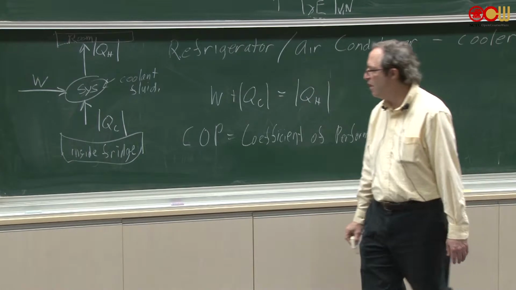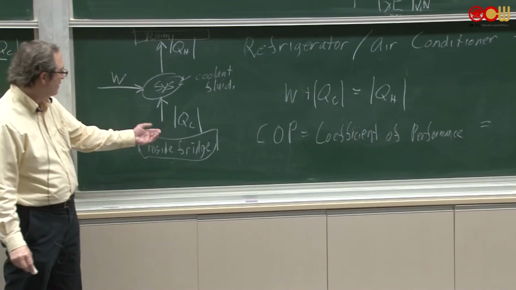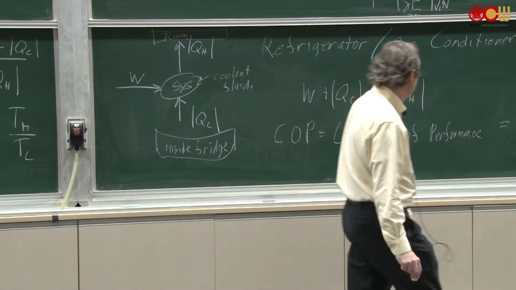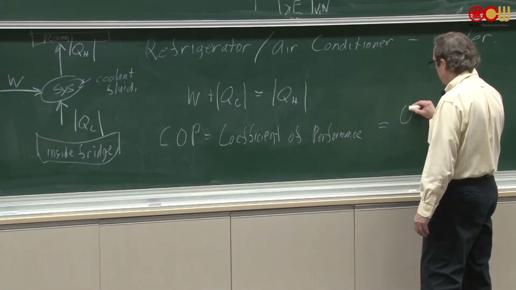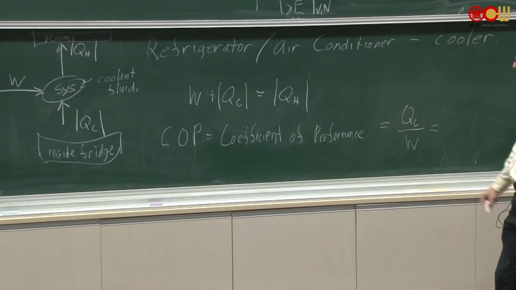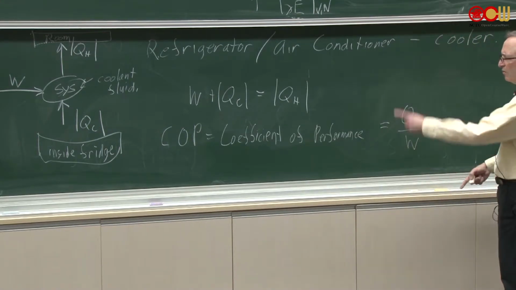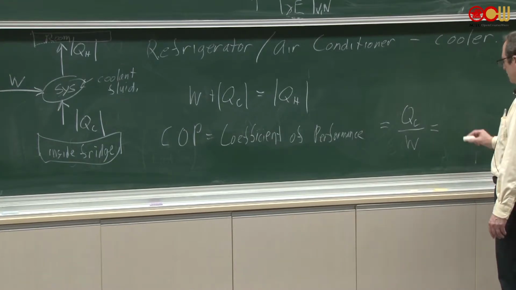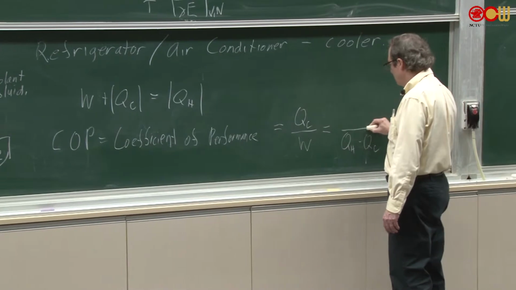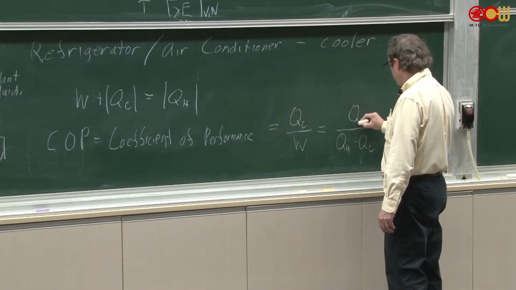All right, so what do we want? What do we get out of this is we want QC to come out, and W is the work we do. So this is QC over W. And then we can replace W by what it equals. So we get QH minus QC, and then QC up here.